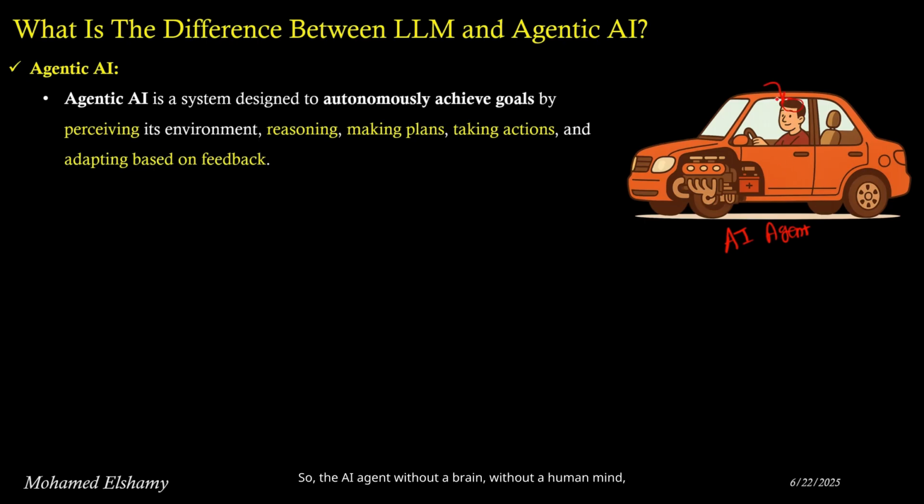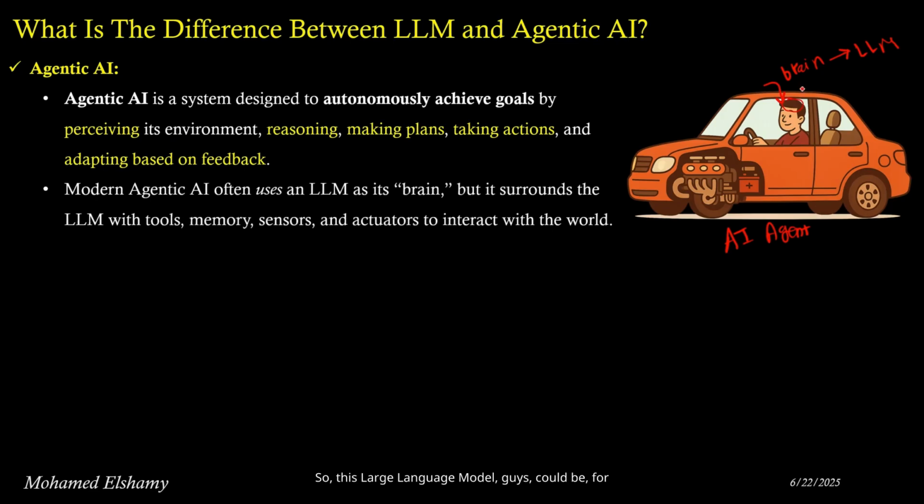So the AI agent, without a brain, without a human mind, or without any mind at all, wouldn't be able to drive the car. Now, the AI agent's brain, the mind of the AI agent that allows it to think or make decisions, is what we call the LLM, or large language model. So this large language model, guys, could be, for example, ChatGPT, right?